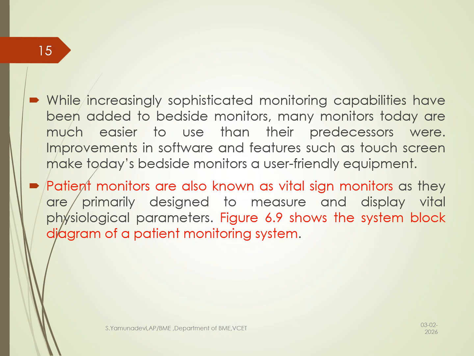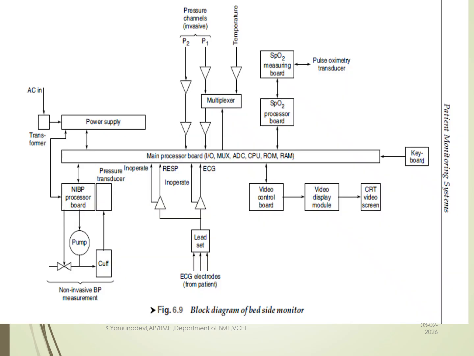This is a system block diagram of a bedside monitor. It has a power supply for every unit. That is a central microprocessor unit with a keyboard controlled processor, and it has a multiplexer, temperature sensors and pulse oximetry transducers.